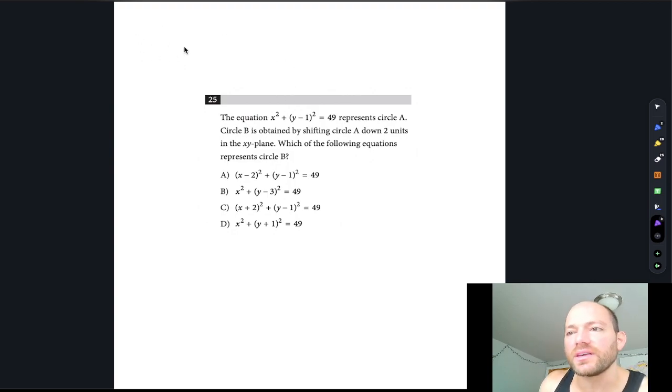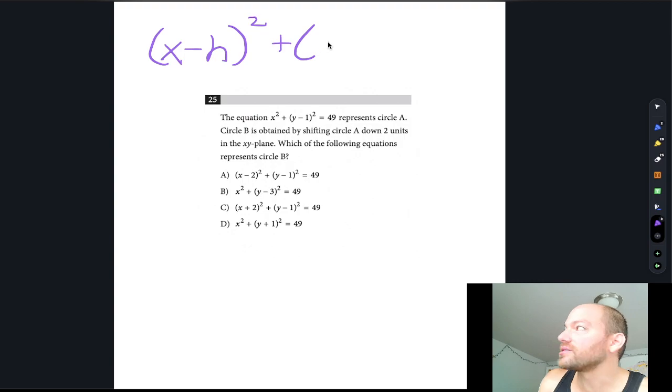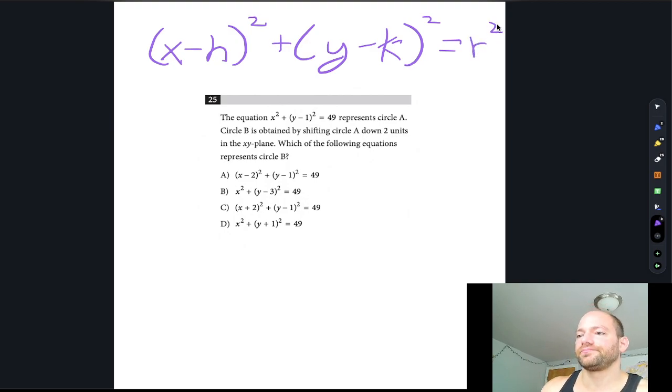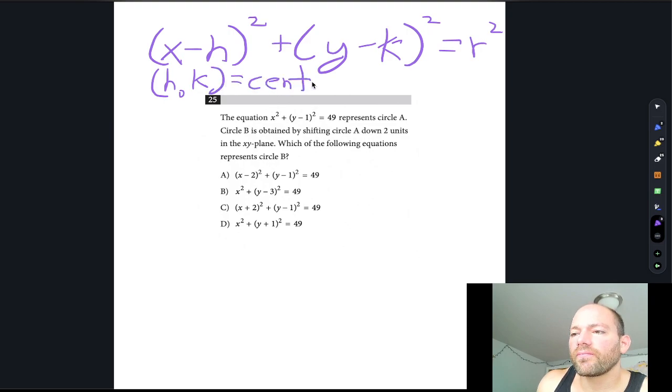So just to review that, we've got (x minus h) squared plus (y minus k) squared equals r squared. The point (h, k) is the center. Notice that the signs are always going to be switched over here, right?